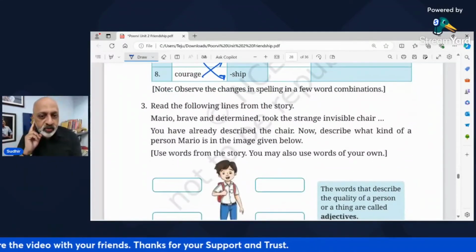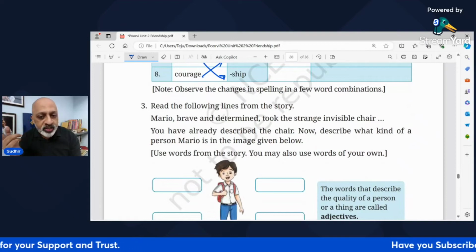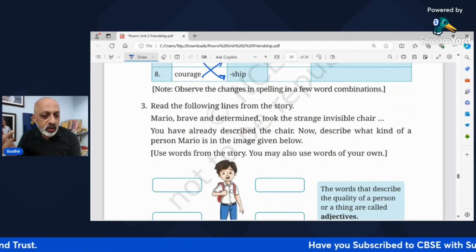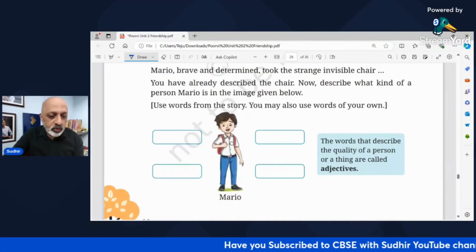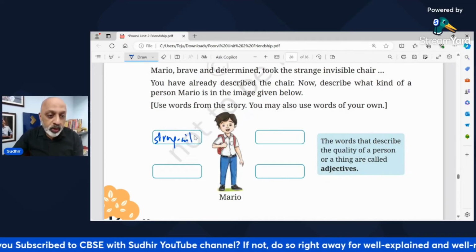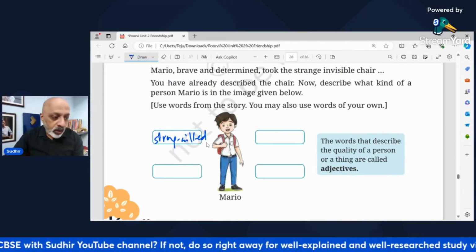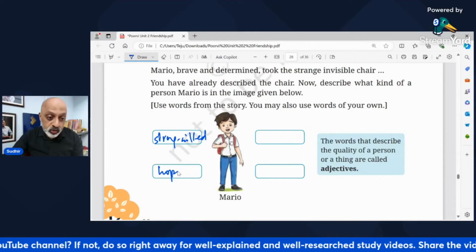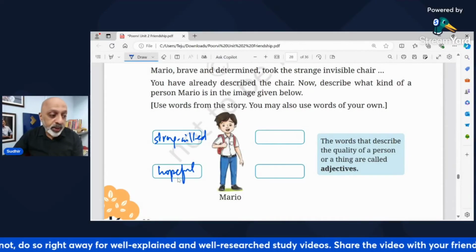Read the following lines from the story. Mario, brave and determined, took the strange invisible chair. You've already described the chair. Now describe what kind of a person Mario is in the image given below. It could be anything. It could be determined, strong-willed. It could be hopeful, that he is hopeful of winning the bet.